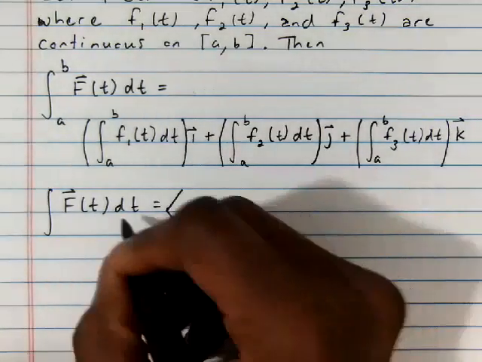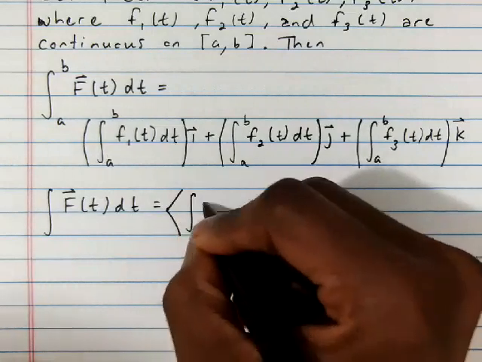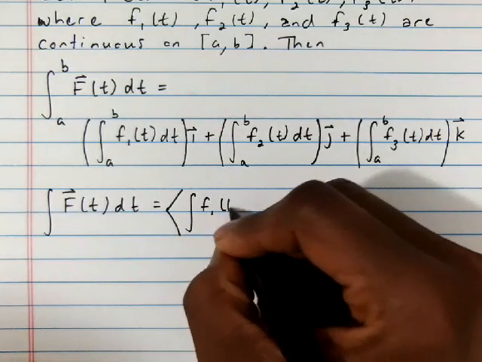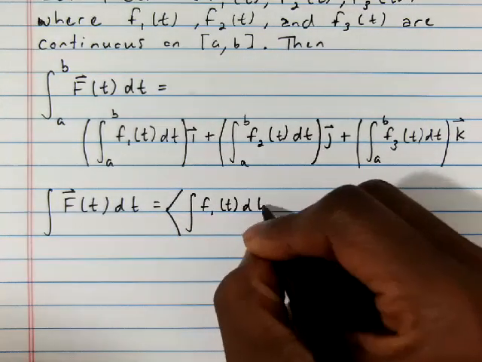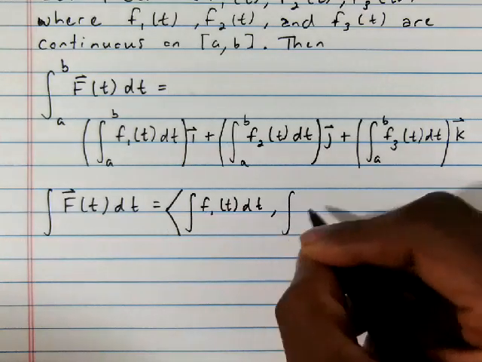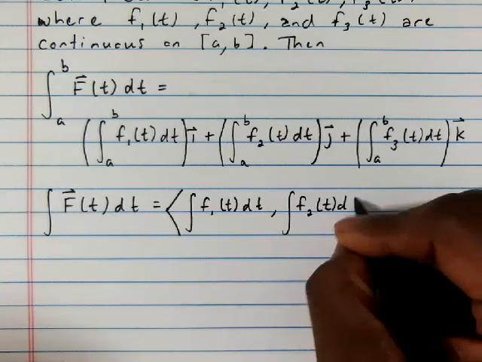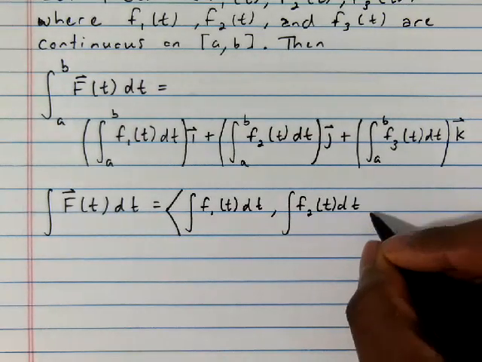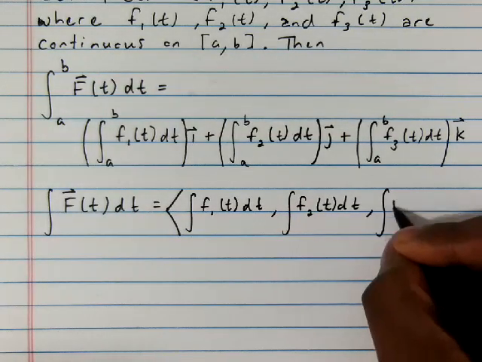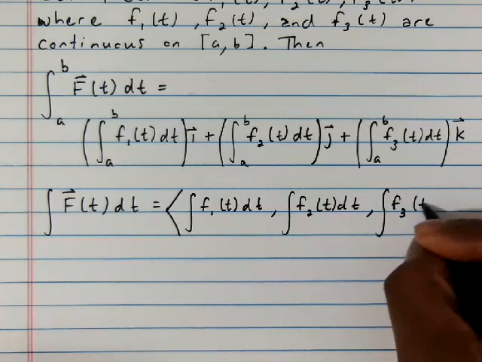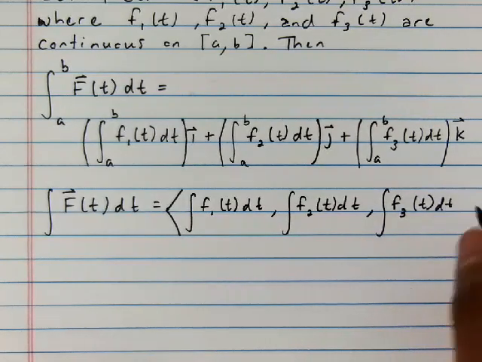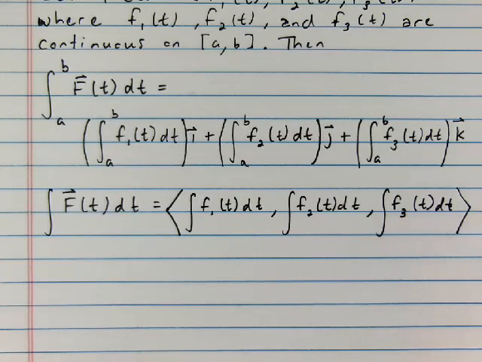It's just going to be the indefinite integral of each one of your component functions. So the integral of f1 of t with respect to t, comma, the integral of f2 of t with respect to t, comma, the integral of f3 of t with respect to t. And that's the vector you get there.